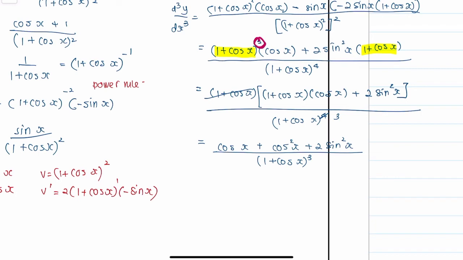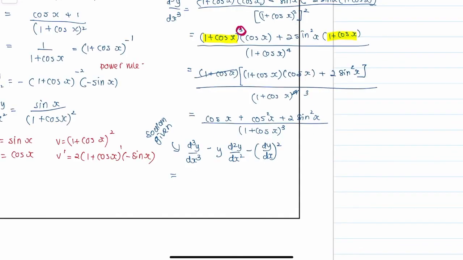So, sekarang ni, cara paling mudah untuk showkan, okay, kita salin balik soalan, d cube y over dx cube minus, kita salin balik apa yang soalan suruh show, d2y over dx square minus dy over dx square. Okay, ni soalan bagi, given lah. Okay, then kita akan masukkan semua yang kita dah ada tu ke dalam soalan ni.